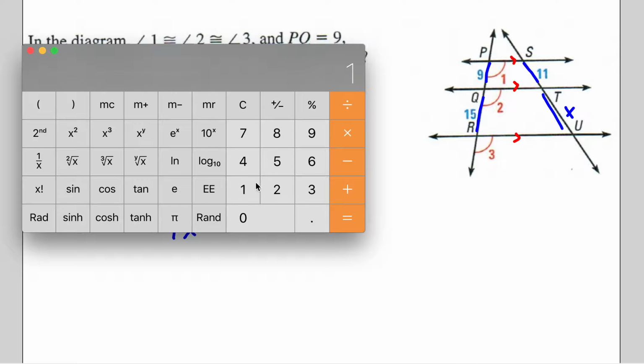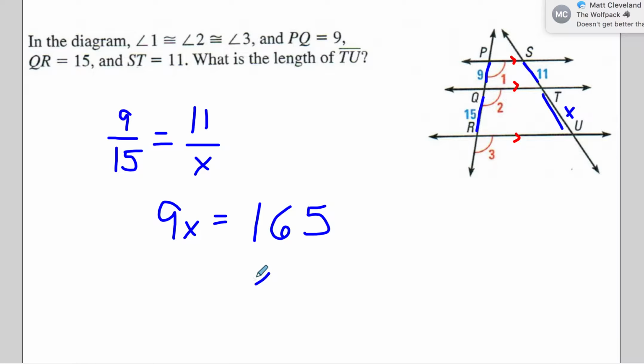15 times 11, let's see here. 15 times 11 is 165. And then I need to divide 165 by 9. And we get that x is 18.3. So there you have it. X is 18.3.